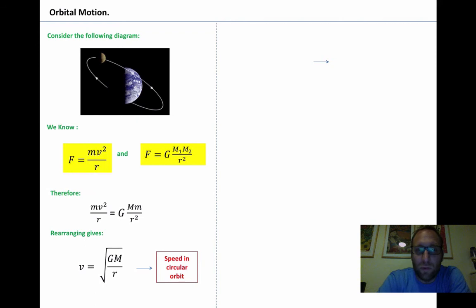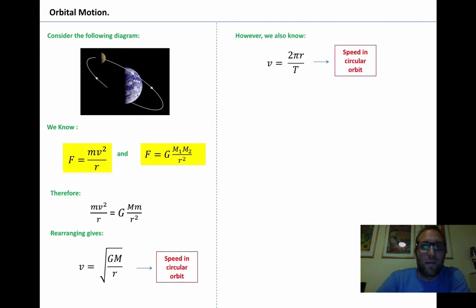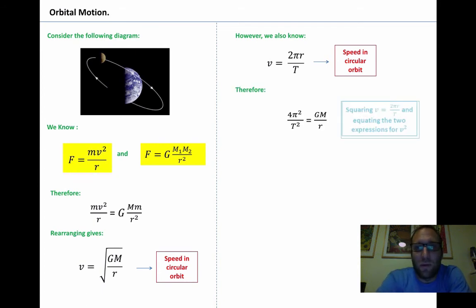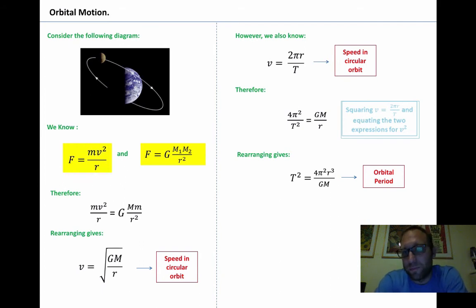However, you should also remember from 6.1 that we can work out the speed using 2 pi r over T, which is also the speed in circular orbit. If we square the 2 pi r over T and equate the two together and rearrange, we come up with this expression. If we rearrange it for T squared, we have an equation to work out the orbital period.